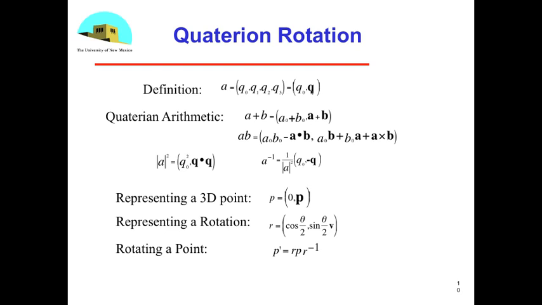Now the arithmetic is kind of nice. Addition is what you would expect. You just add the corresponding components together. So if you have an A and a B, you add the 2 scalars for the first components, and for the second, third, and fourth, it's simply a vector sum of the 3 to get the 3 new components. Now, quaternion multiplication is more difficult.